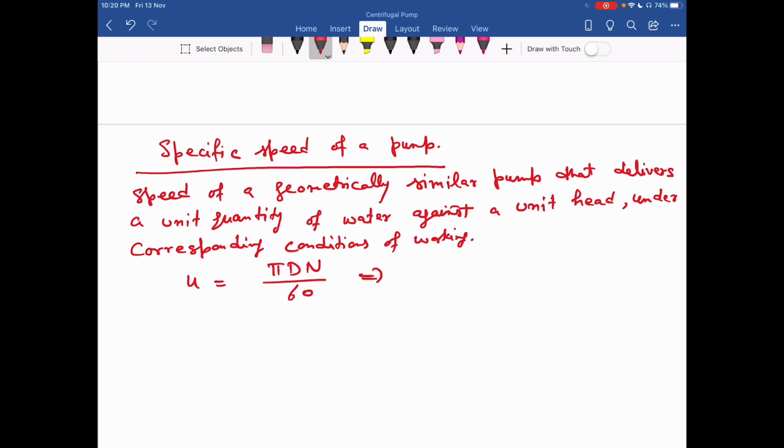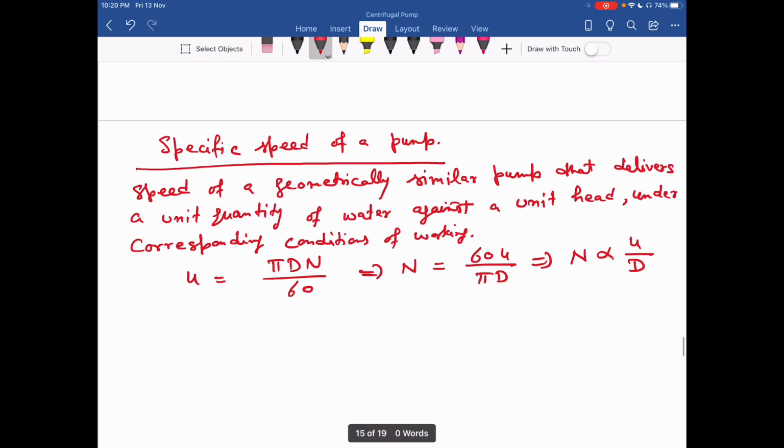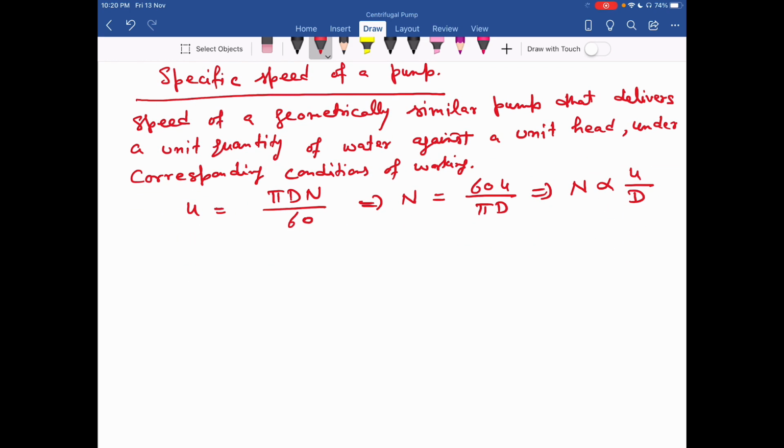From here I can write N equals 60 U divided by pi D. So N is proportional to U upon D. Now I have another formula for discharge, that is K times pi D B into Vf.